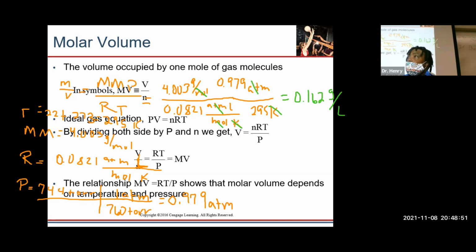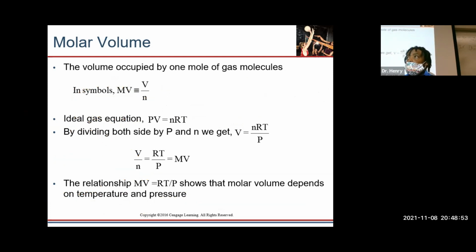So we can also calculate what we call the molar volume. We know molar mass is grams per mole, so molar volume is volume per mole.